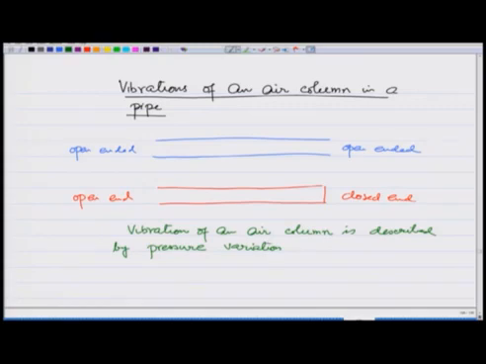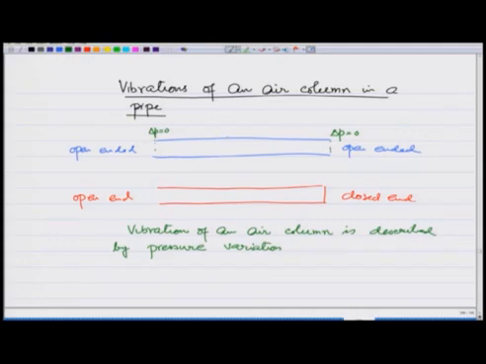And if you look at these two pipes, we have been discussing that at the open end, the pressure would be the same as in the atmosphere. So, the pressure variation at the ends would be 0, whereas in the middle it could be quite large.